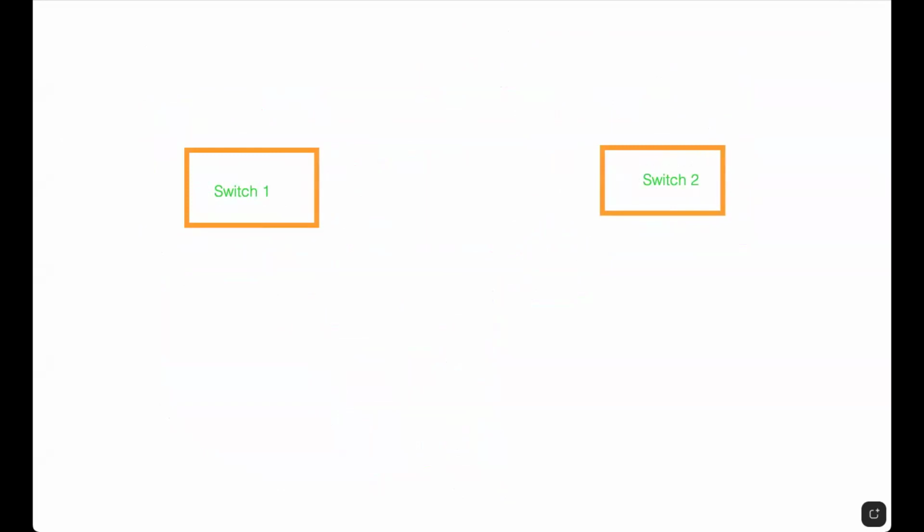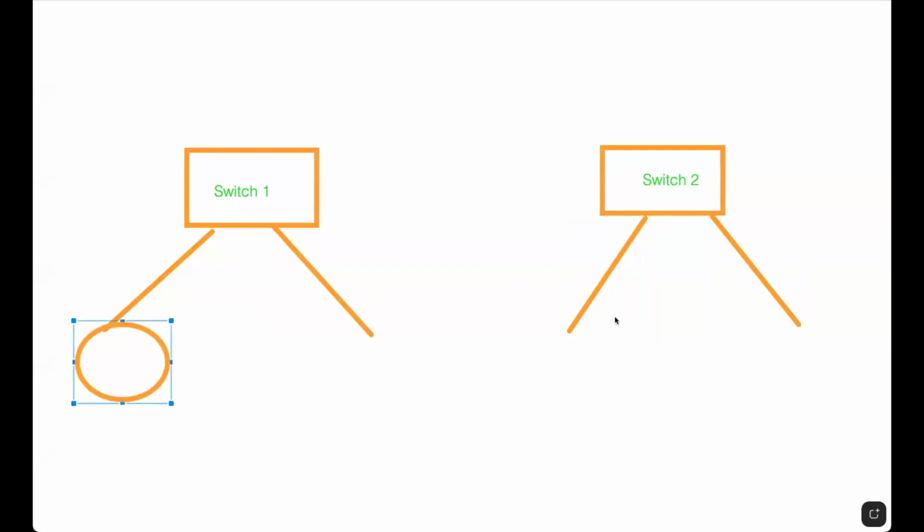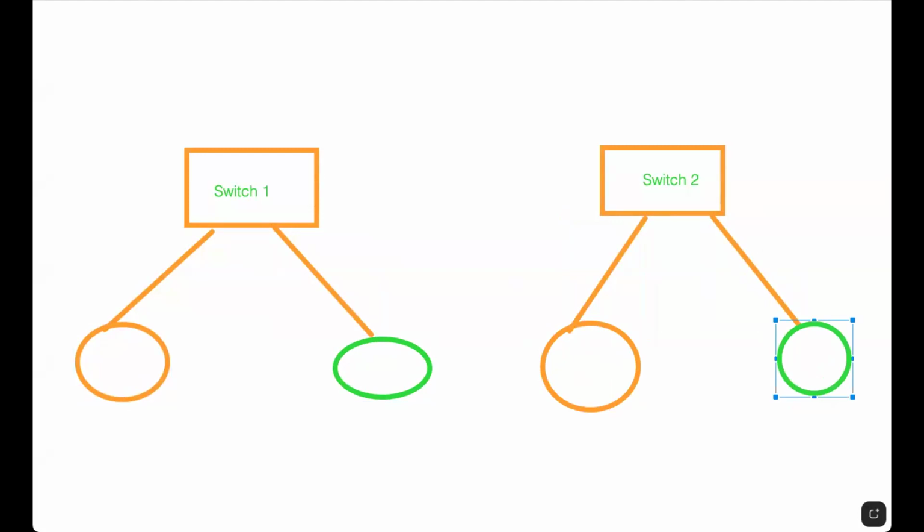What we have done was, this is PC1. We put it in VLAN 10.